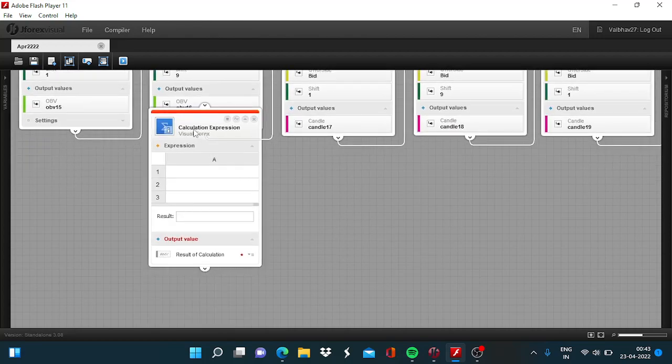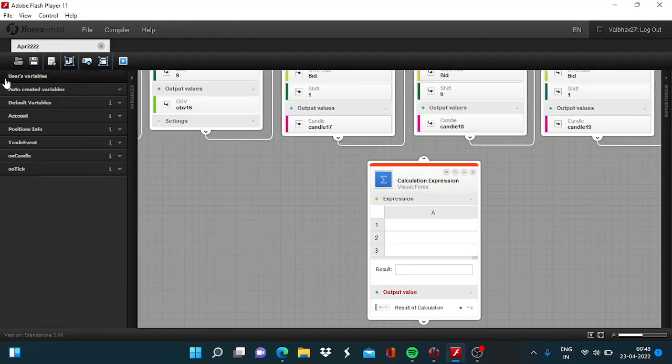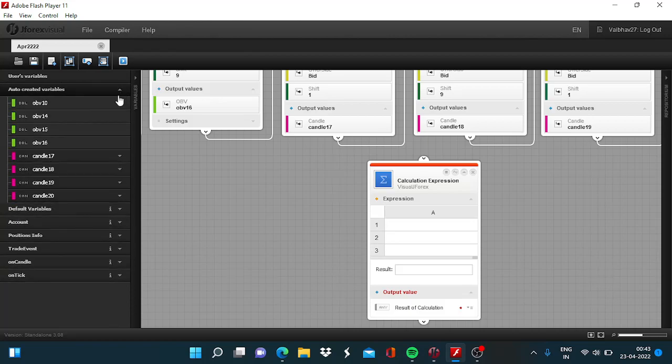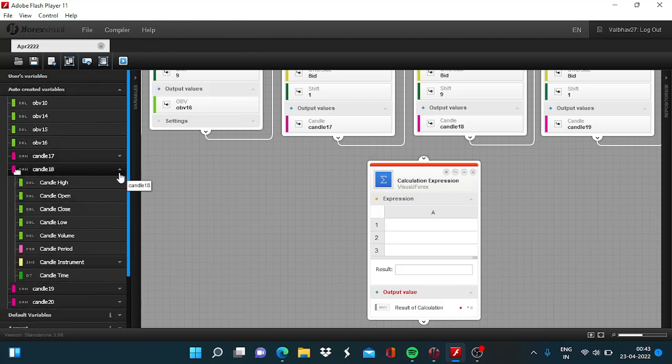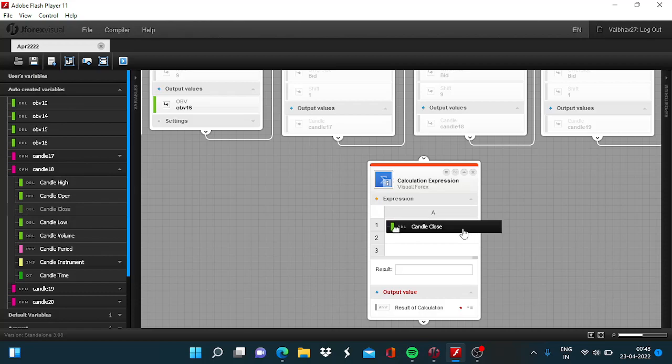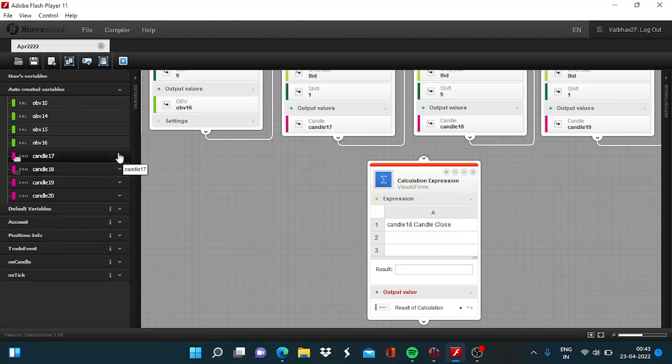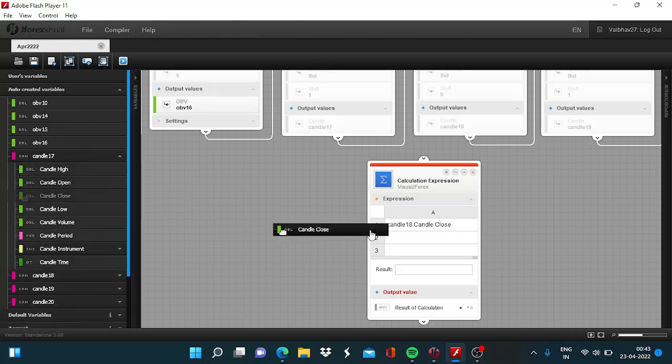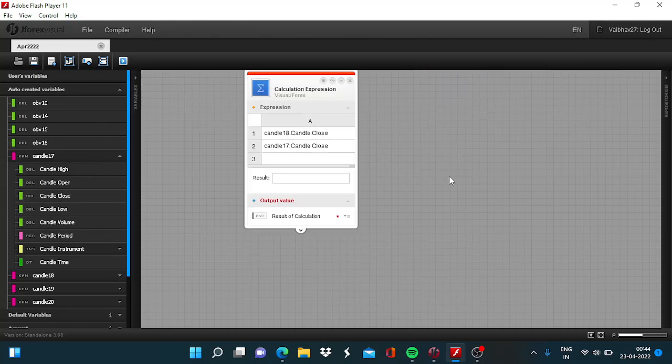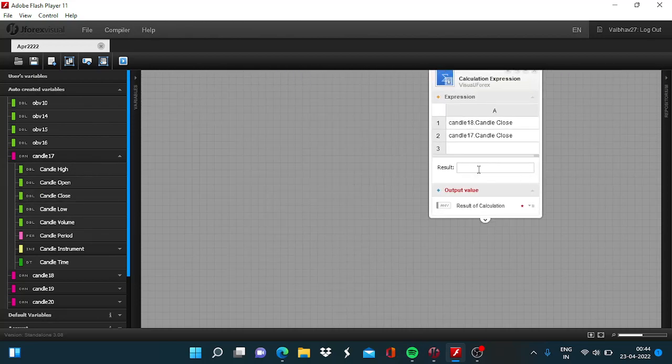Okay, so that's it, and we have to now look at the auto created variable, and here we have the candle 18 candle close, from which I will deduct candle 17 candle close, and it should be A1 minus A2.